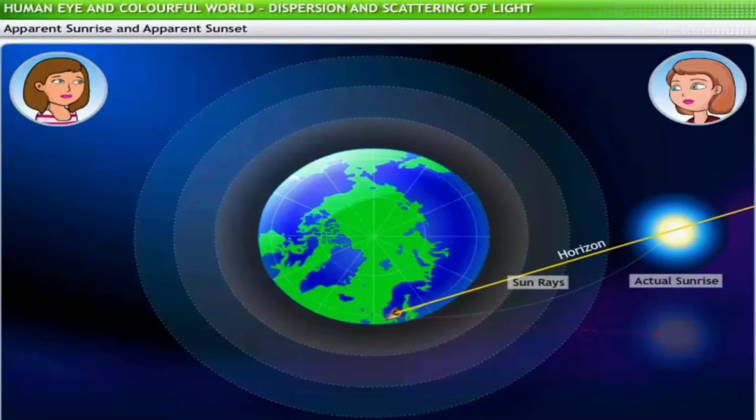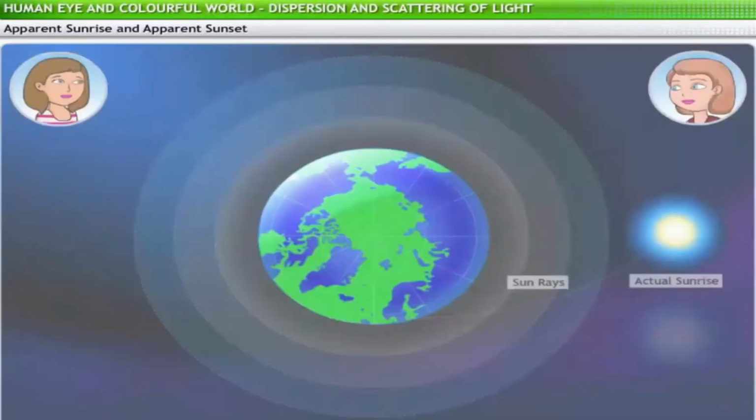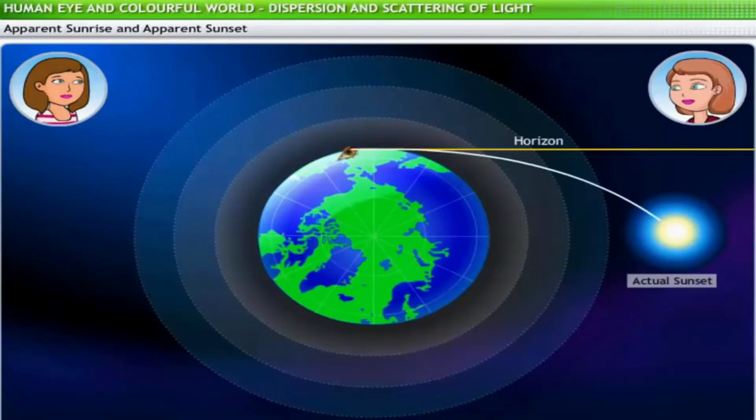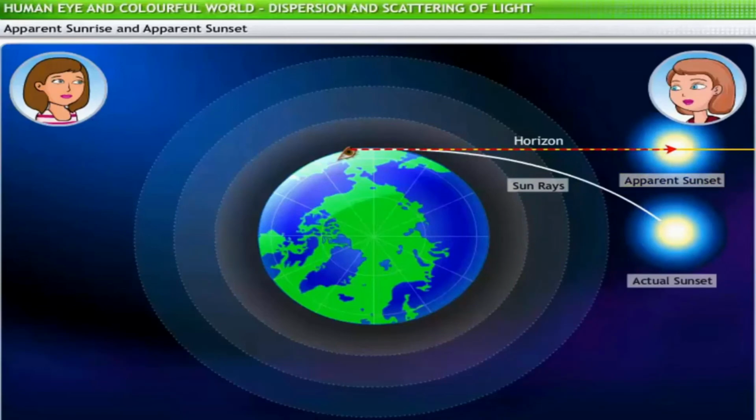The actual sunrise occurs when the sun actually crosses the horizon. Conversely, the apparent sunset occurs slightly later than the actual sunset. Since the light from the sun is already below the horizon, it refracts through the atmosphere, enabling us to see the apparent sunset even after the sun has already set.